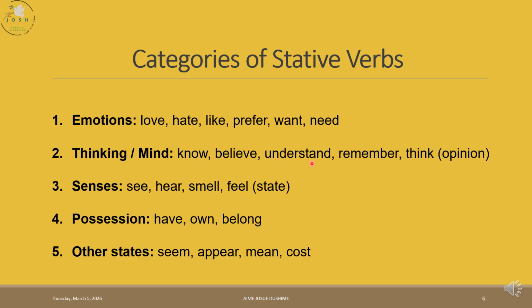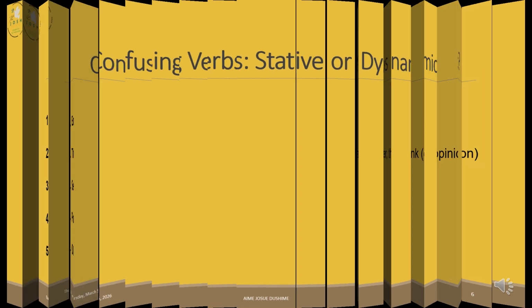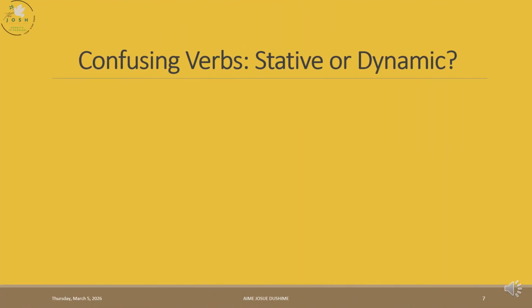Know, believe, understand, remember, think, to think as an opinion. See, hear, smell, feel, feel as a state. Have, own, belong. Seem, appear, mean, cost. These are various categories of stative verbs, as you can see.